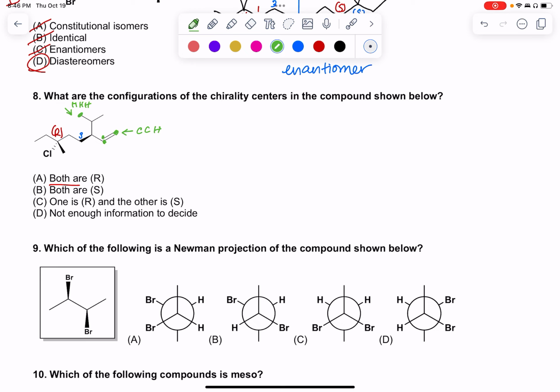It's a methyl. So this one wins. So this is going to be our 1. Number 1. This will be number 2. And now we can go 1, 2, 3. This looks S, and it is S because hydrogen's in the back. I'll erase all my scribble, and we can mark this S. So now we can say, both aren't R and both aren't S, but one is R and one is S, so that's good. C is the answer here.